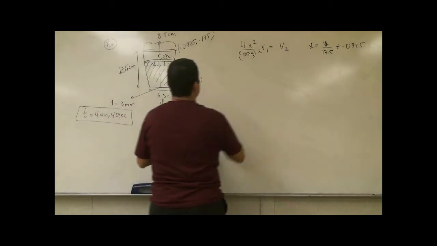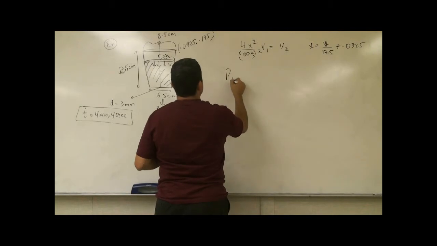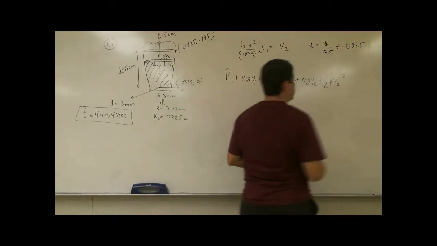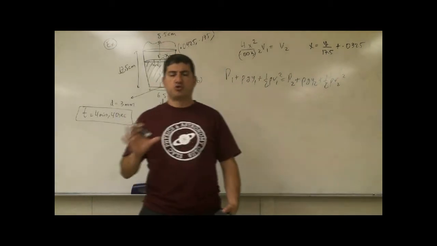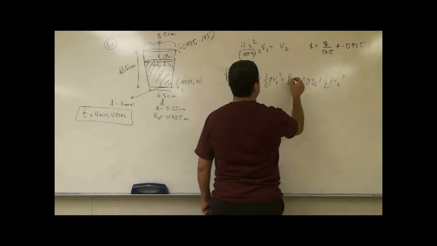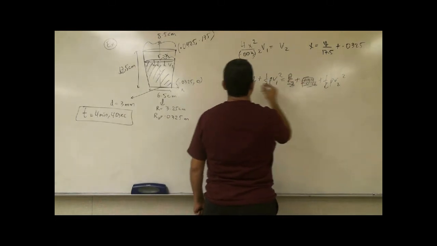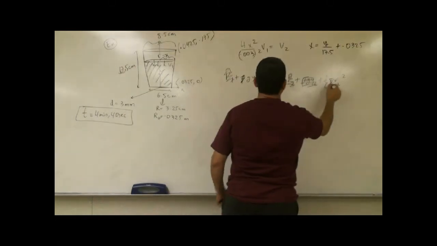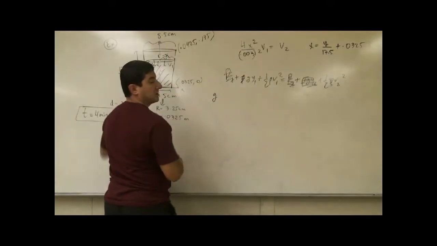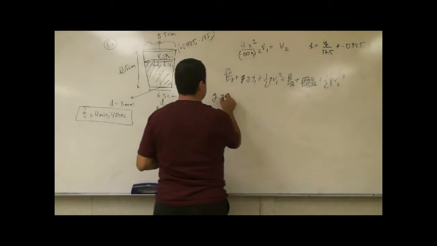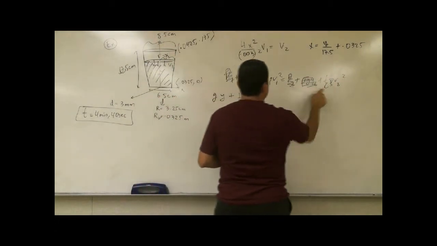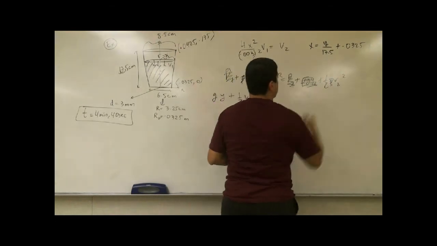So now I have the pressure at the top plus rho g y1 plus half v1 squared. This part is very similar to the pool draining problem that we did. We're going to assume this pressure and this pressure is the same. This one is 0. The density cancels. Then I have g y1, which is just the elevation of the water, plus half v1 squared. Over here, half v2 squared, right?